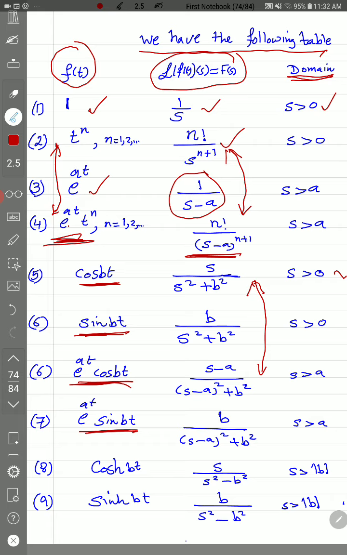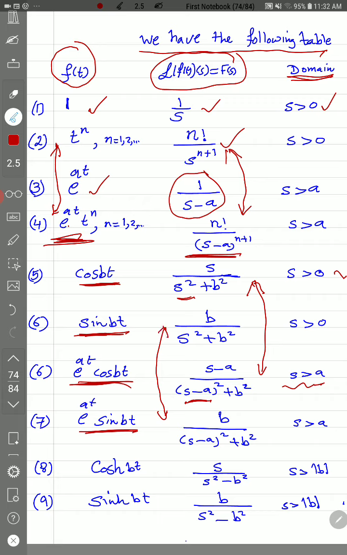Here you have s minus a instead of s, and you have the domain. And for the sine, you get s minus a, and the rest is the same as cosine and sine. It's only a little difference in the s minus a. So this is the more general.